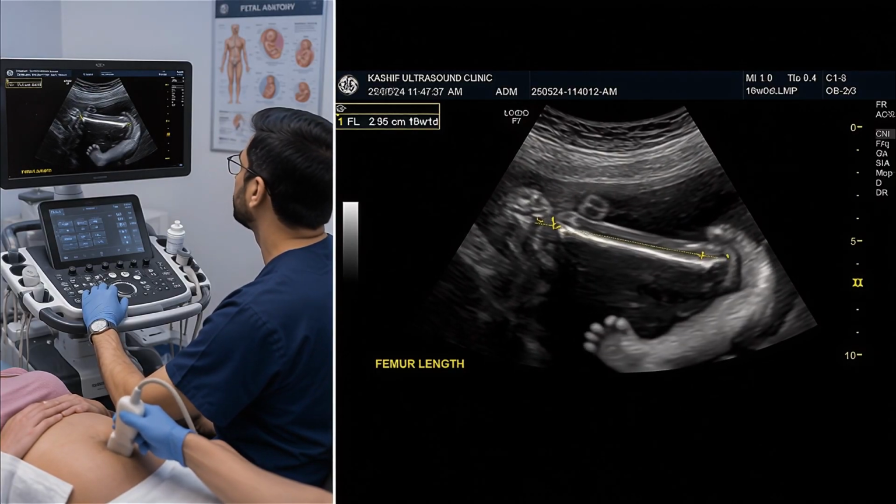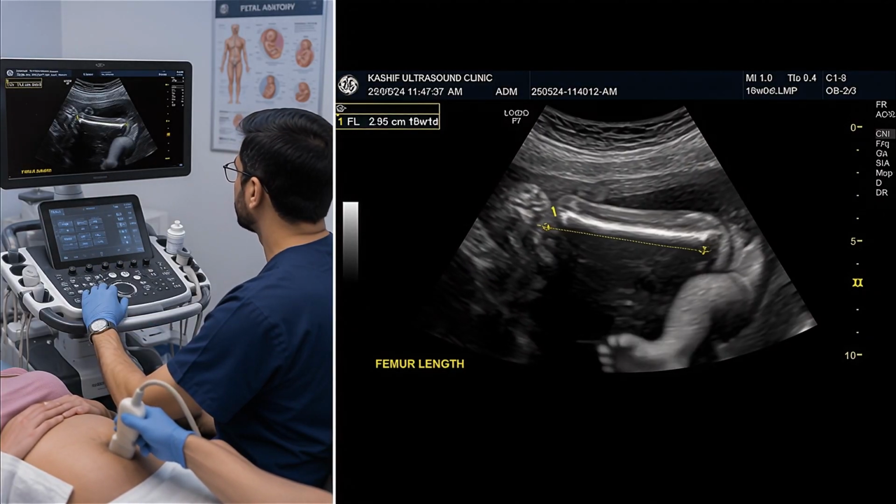FL increases almost linearly throughout pregnancy. Approximate values.